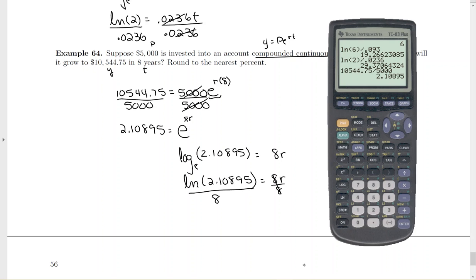So when I do that, I take the natural log of the answer from above. I'm going to use second and then the negate key down here by the enter key. That just did a copy paste for me so that I don't have to retype that whole decimal in. Divide by 8 and I get 0.09327.